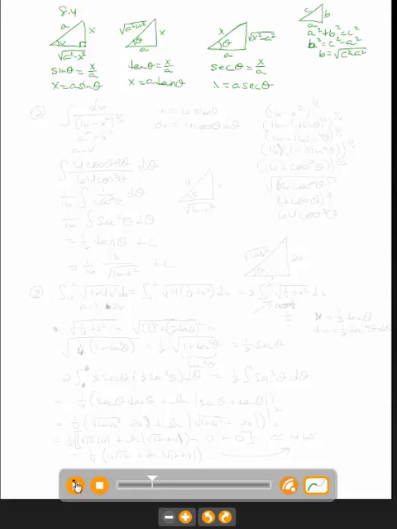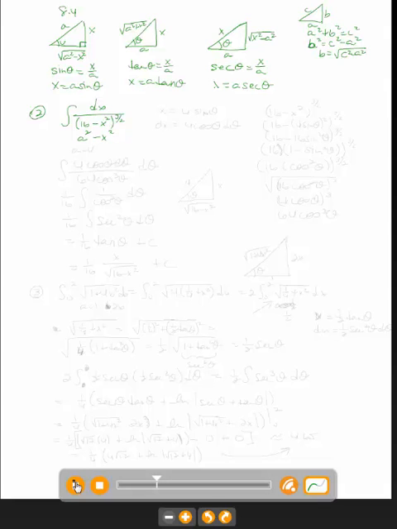So if we now go to example 2, it says, find the integral of dx over 16 minus x squared to the 3/2. Okay, so 16 minus x squared is the form a squared minus x squared. And it's 3/2, so it does have a square root in it.